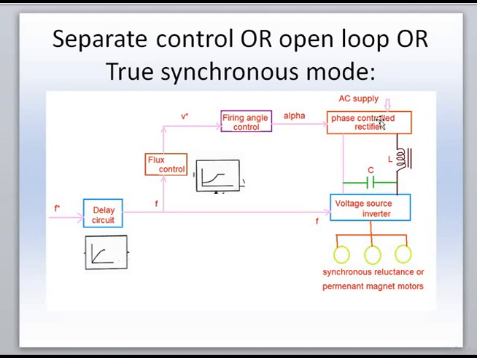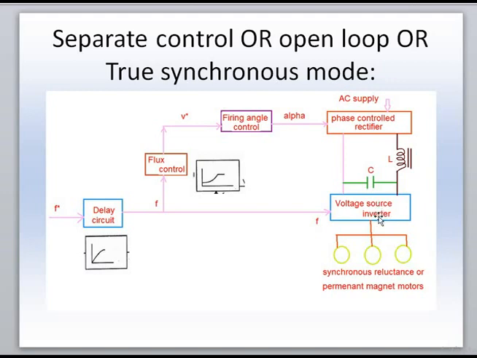Before that we have a phase control rectifier, which converts the three-phase AC supply to DC. That DC is passed through the filter LC, which reduces the harmonics, and then we can give it to the VSI.